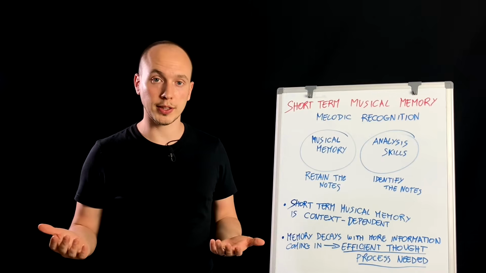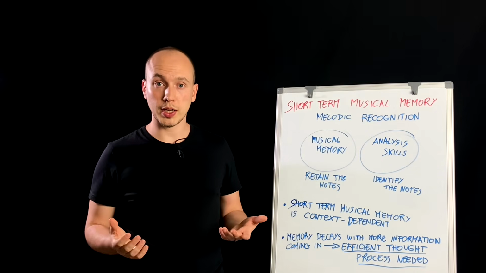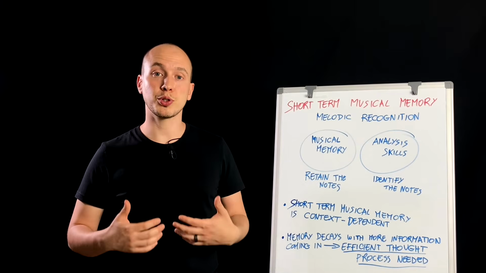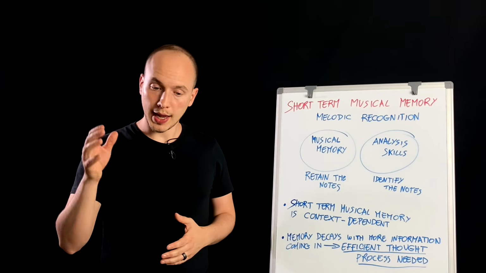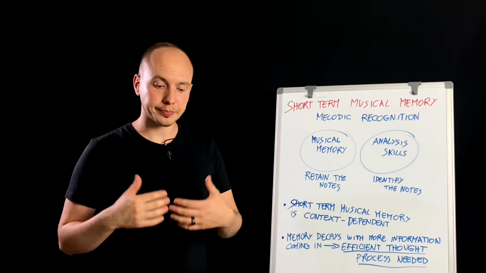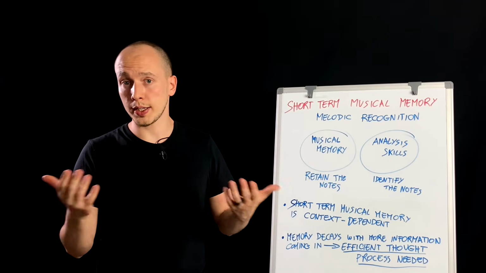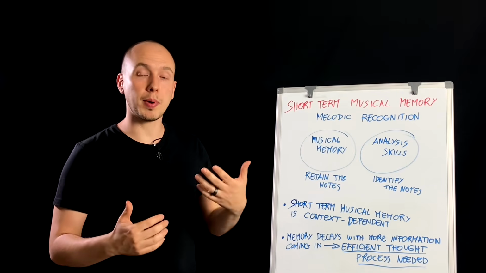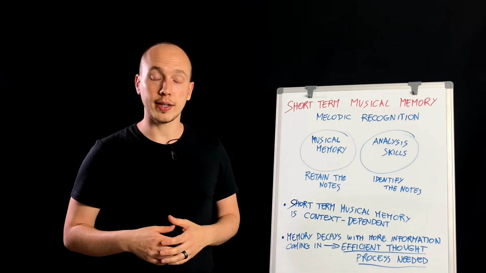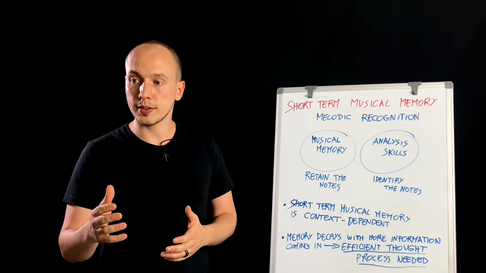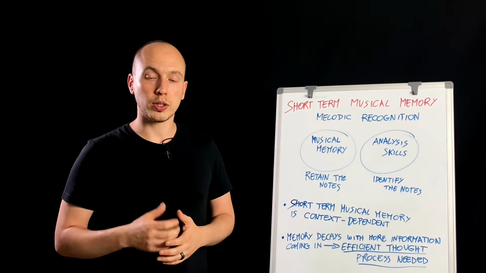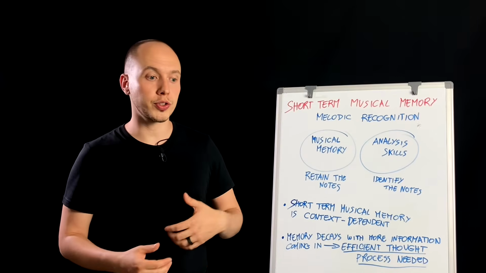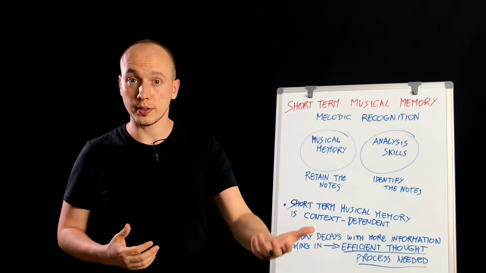Okay, the last thing I want to say is just talking a bit about how short-term musical memory develops. Basically, as we've seen, musical memory is really dependent on our perception of the tonal context. And it clearly develops by really developing what I call the tonal vocabulary. What happens is that if you keep approaching music in a tonal way, it's really like learning a language. When you learn a language, you start by internalizing a few words, and then you can say sentences.